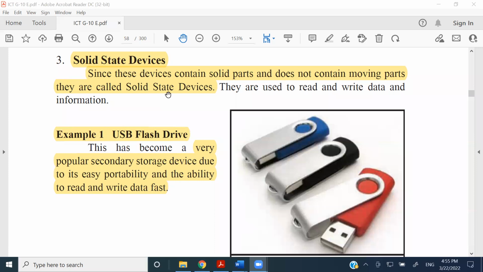Yeah, it's a brand name, Rizwan. So we've got Imation, and SanDisk is also a brand name. There are different kinds of brand names. Okay, sir.